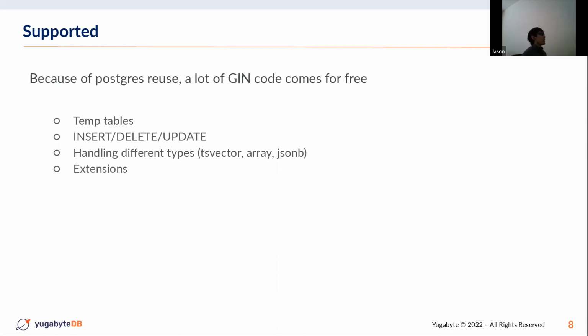A lot of the higher level processing is done for us, and also just handling the different types, so we don't have to do much manual work. Once we get the whole thing working, the types usually come for free. And extensions, for example, usually add support for other types, but those also are pretty easy to integrate.